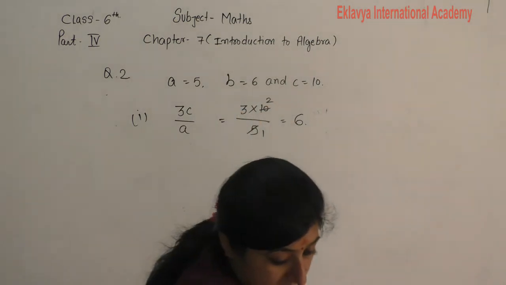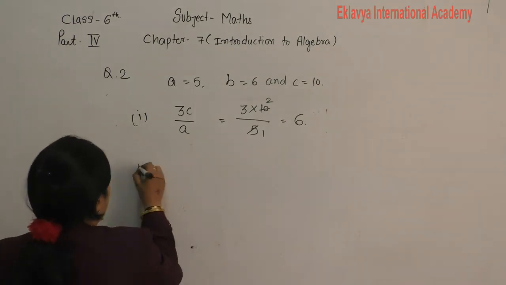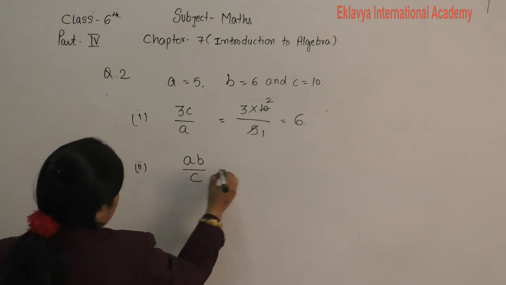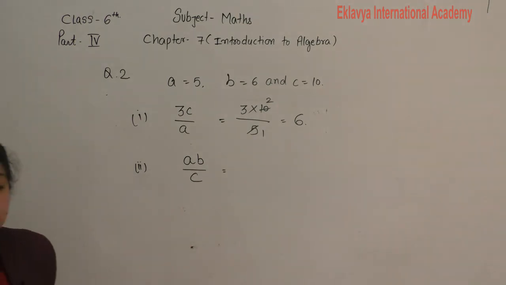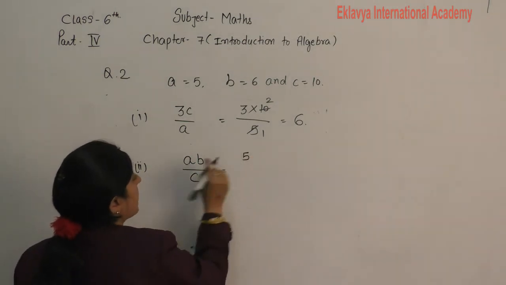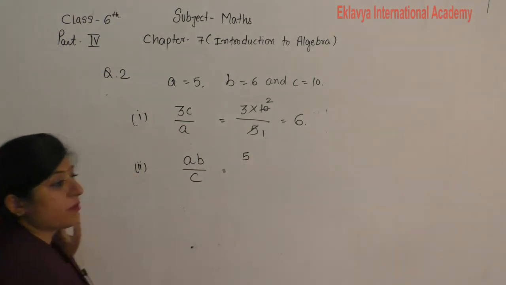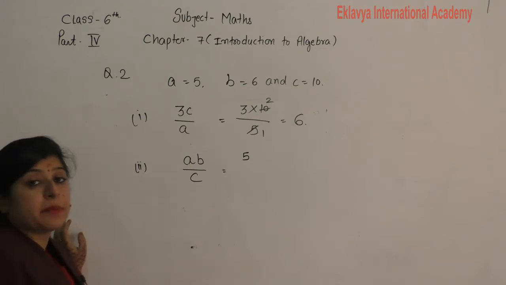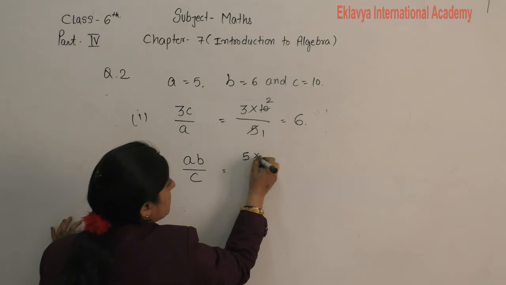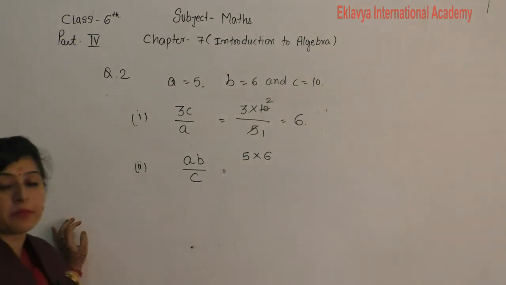Another expression given to you, AB upon C. So here all three variables are used. Put the values of these variables. A value 5. AB like this, if we are writing, it means they are in multiplication. So 5, B value 6. It means we will do 5 multiply by 6.